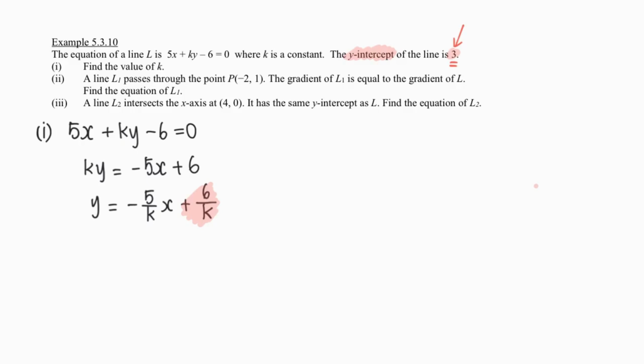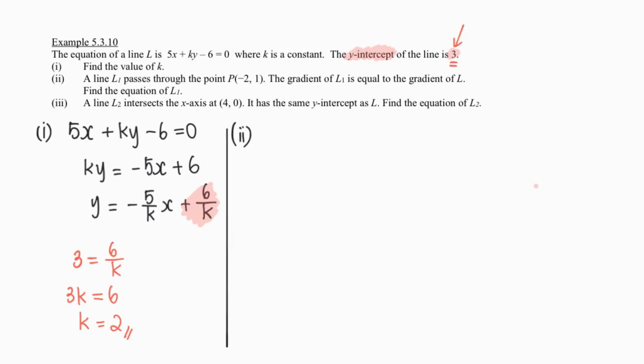That means 3 is equals to 6 over k, times k on both sides. 3k equals to 6. So I will be able to get my k: 6 divided by 3, 2. Part 1 done. Part 2.